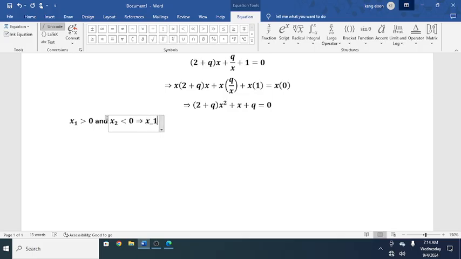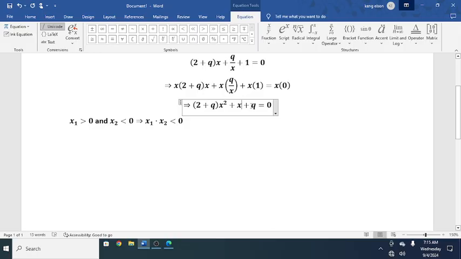So x1 times x2 will be less than 0 because one is positive while the other one is negative. The product of two quantities that have opposite signs will be negative definitely. Now let's look for the product of roots. It is c over a, right?